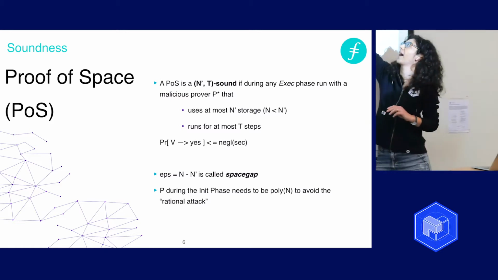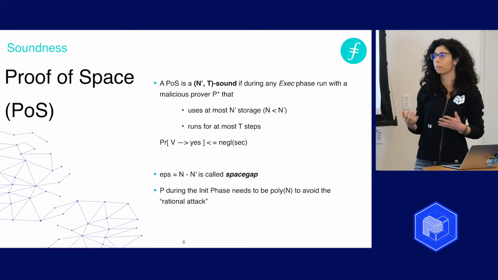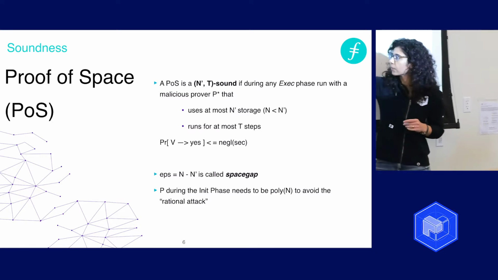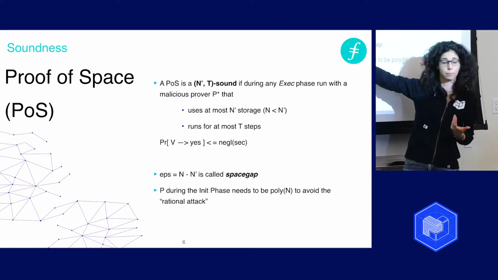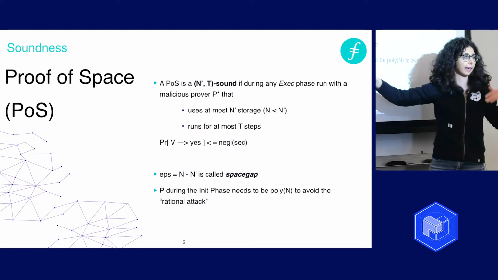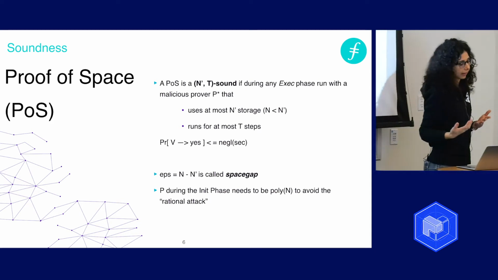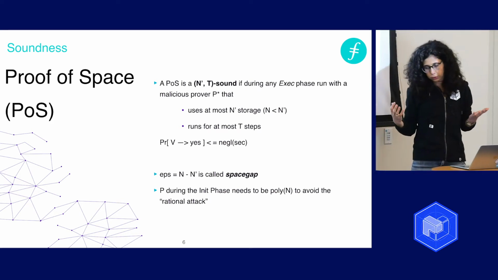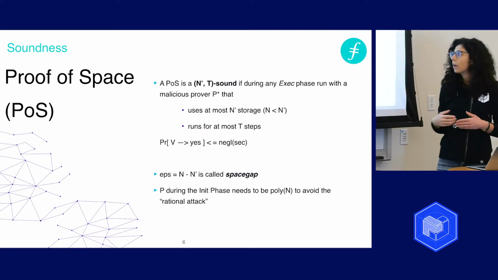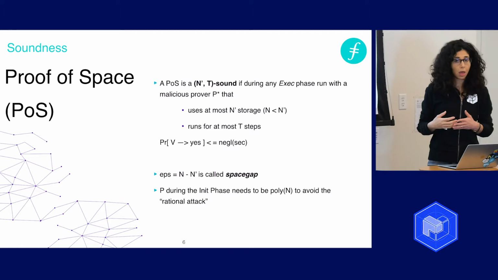You would like to have n prime equal to n, but that is basically not possible in practice. So we call the difference between what the prover is really storing, n prime, and the aimed one, n, the space gap. And clearly, this is one of the measures of how good your proof of space is. In principle, you want a very, very small space gap.